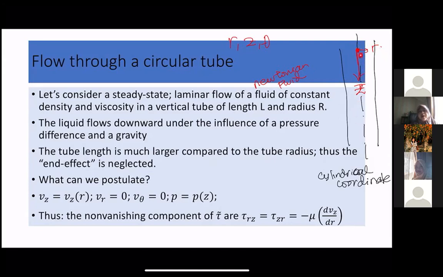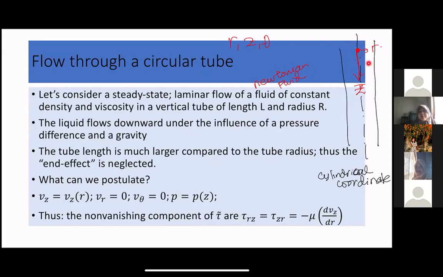Okay. How about phi theta? Do we have phi theta? No, ma'am, it's also zero. If there is a phi theta, that means the fluid will rotate.